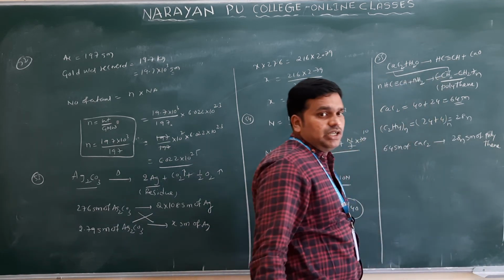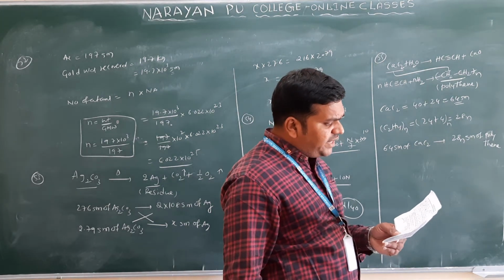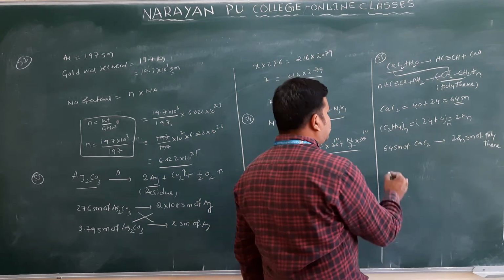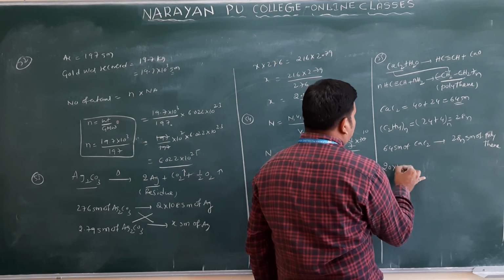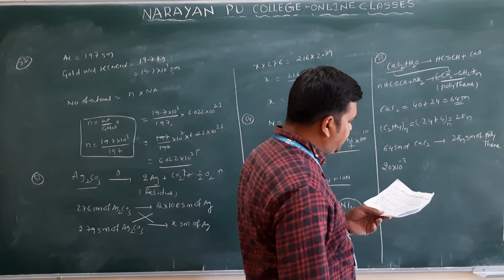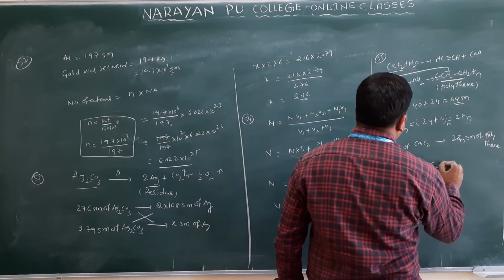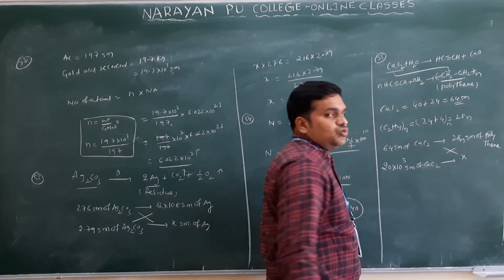Now what is the question asking here? If you take 20 kilograms, that is 20 into 10 cube grams of CaC2, it gives X grams.